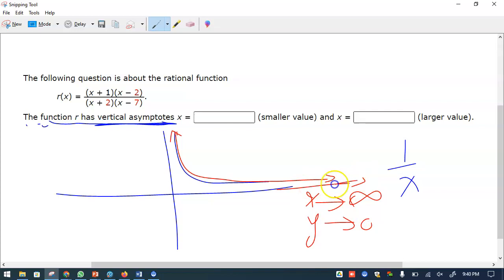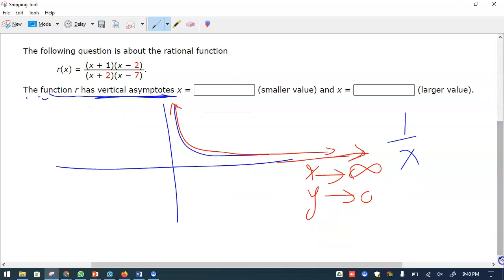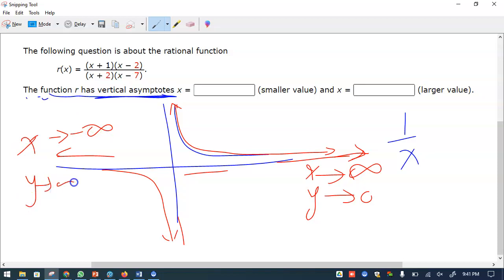That's the end behavior. On the other side, when x approaches a very large negative number, y also approaches 0 from below. It is almost touching the axis, and then the graph goes down to minus infinity.